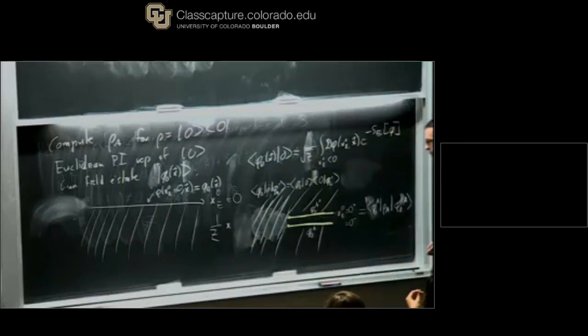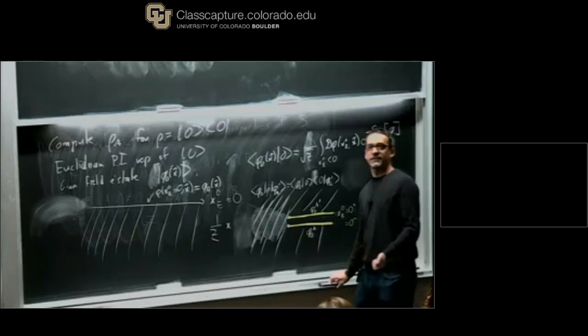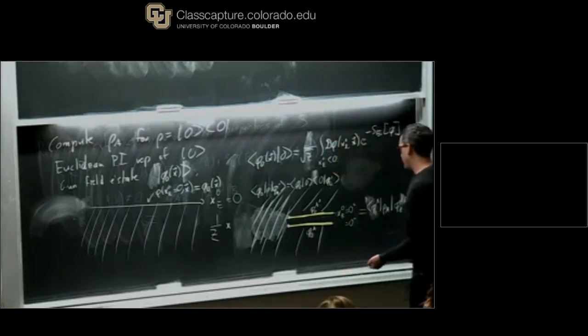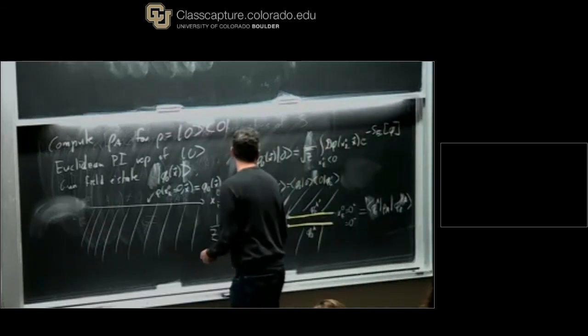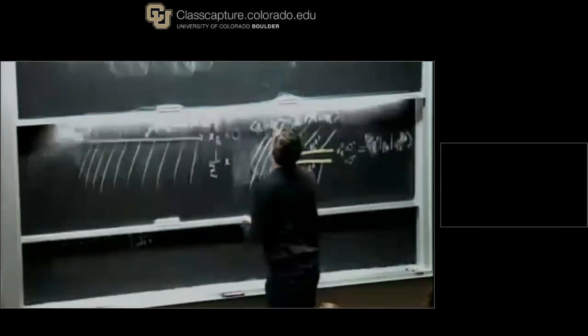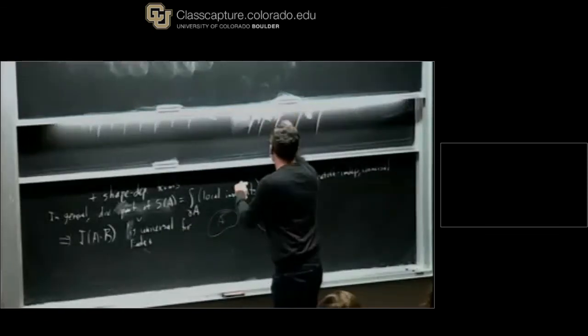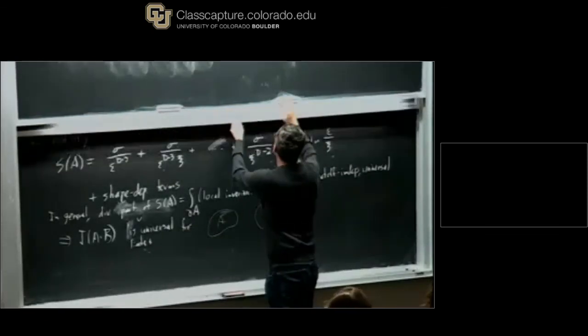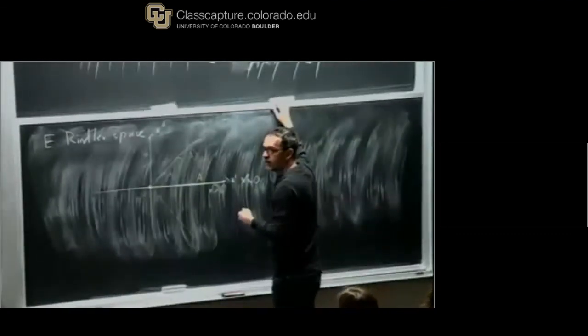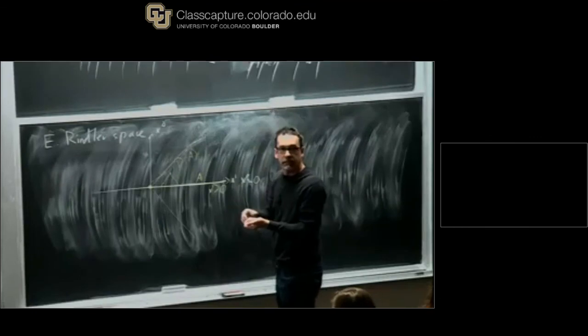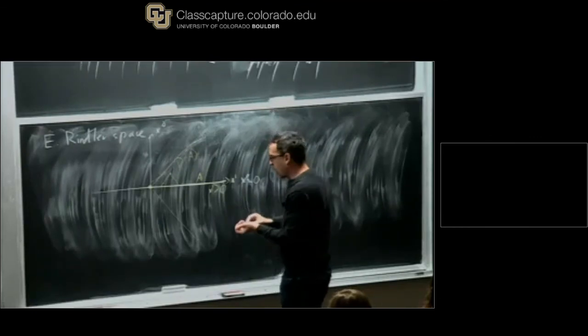I hope you don't mind the blackboard algebra here, but I just don't want to keep drawing the picture. So, having said that, let me redraw the picture. What does this look like? Okay.